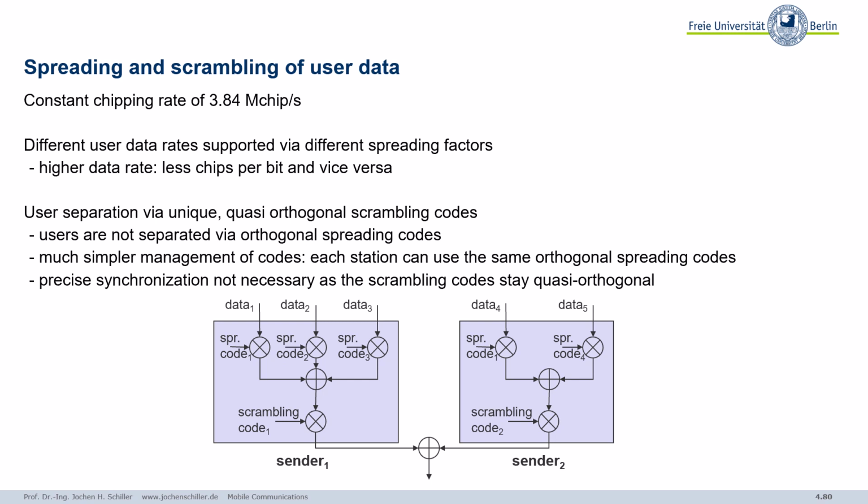First of all, UMTS uses a constant chipping rate. A constant chipping rate of 3.84 megachips per second. You might ask why 3.84? That is not 2 to the power of some natural number.